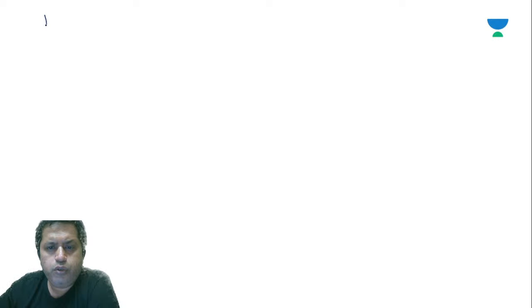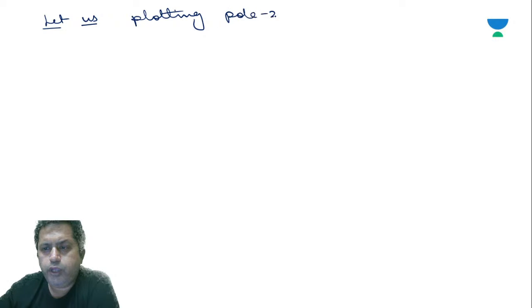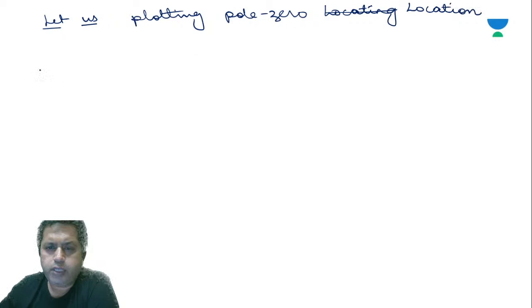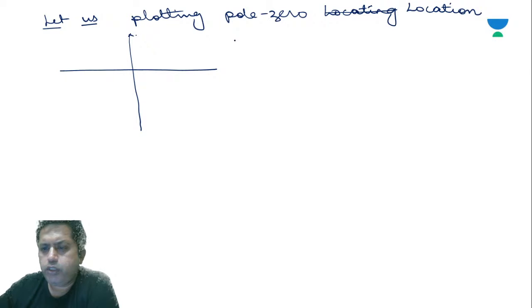When I am plotting the pole zero location, I will plot it like this. On which graph?